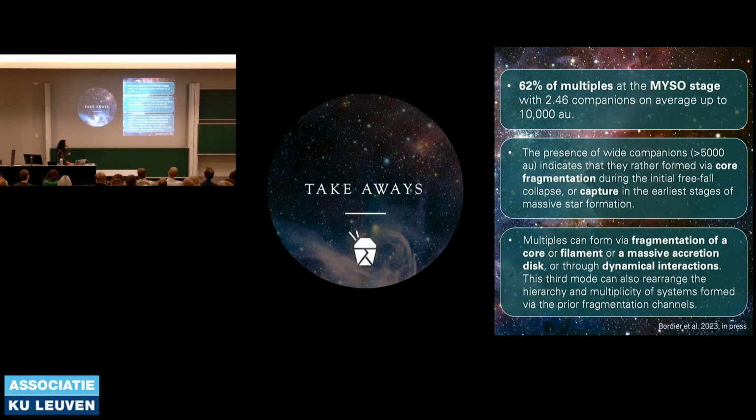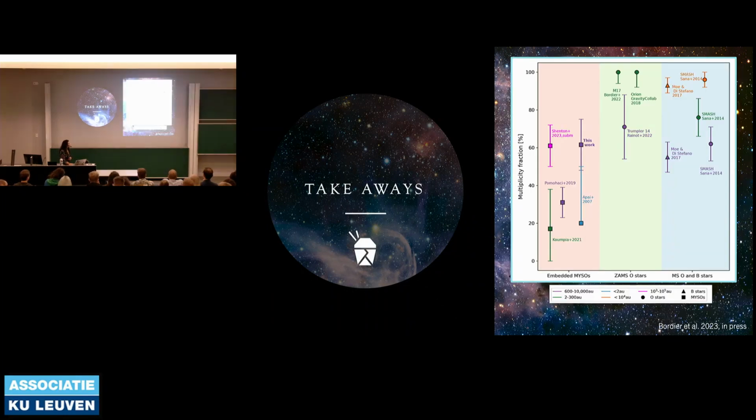So the takeaways for this project: we found a lower multiplicity fraction, but they are at the MYSO stage, so the structure is not completely set. Core fragmentation and capture appear to be the most likely channels, but we also know that dynamical interactions are yet to happen in these regions.